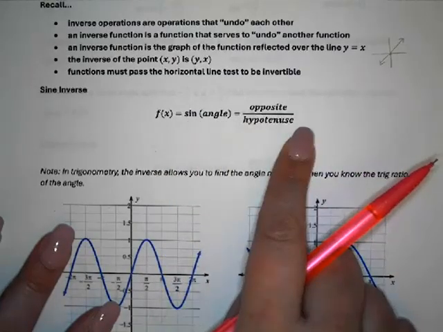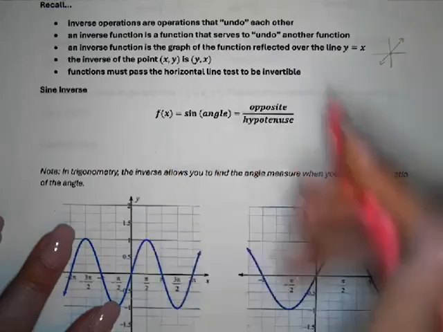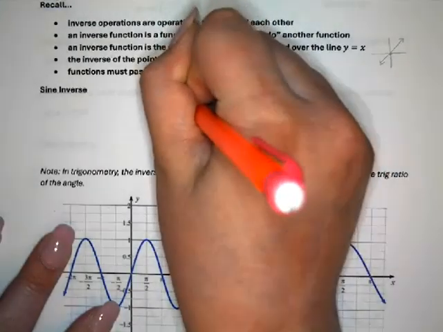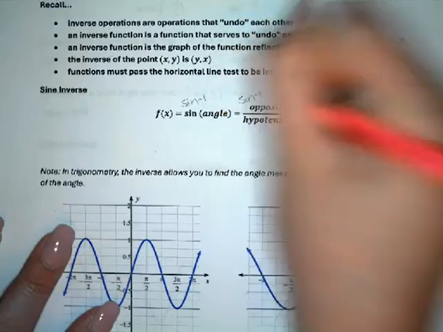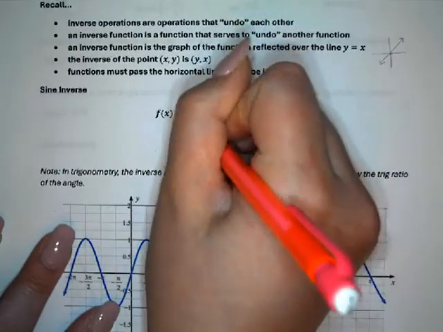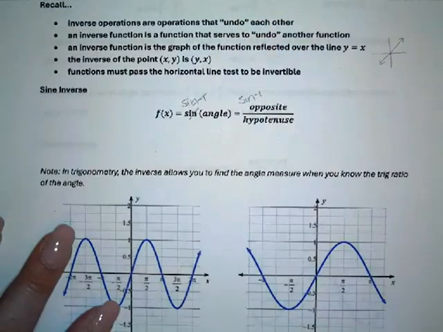That's what you have. So if we do the inverse, then we're going to do our inverse operation on both sides. And sine inverse is going to undo sine.